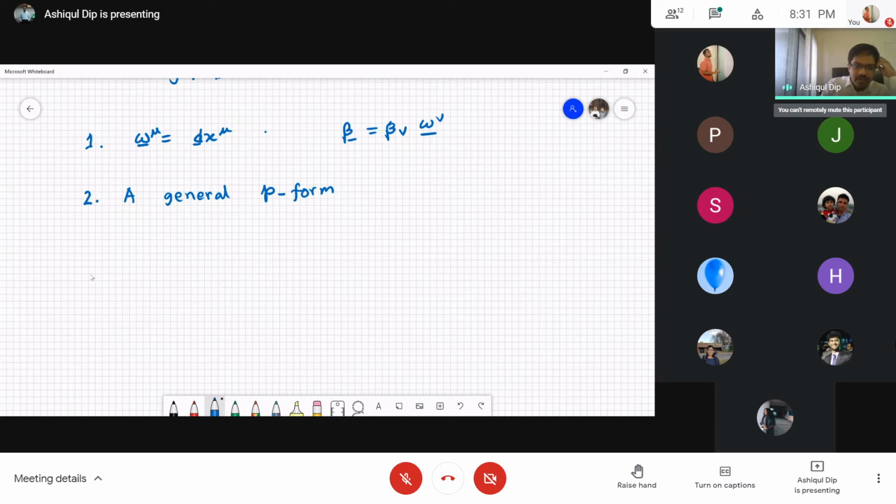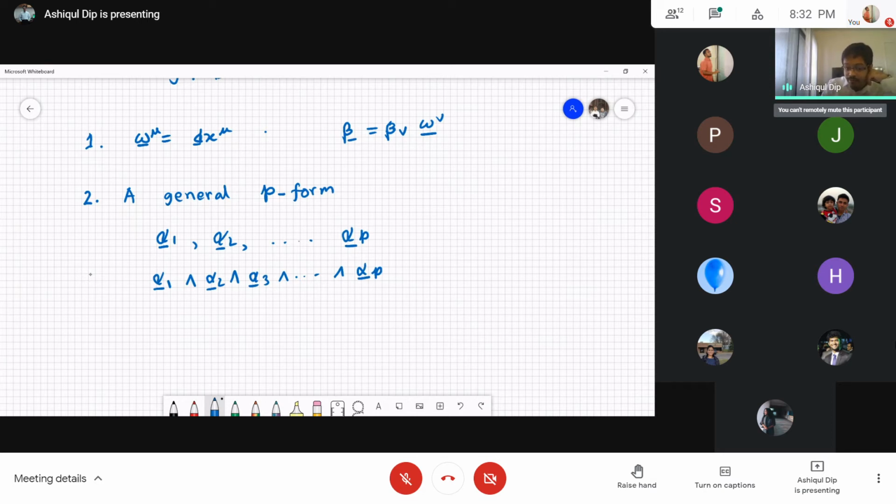That means if alpha 1 is a one form, alpha 2 is a one form, and so on up to alpha p, and you do alpha 1 wedge alpha 2 wedge alpha 3, up to wedge alpha p, then the object you get is a P form.